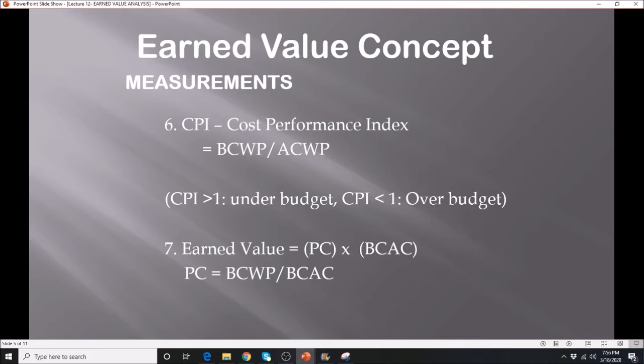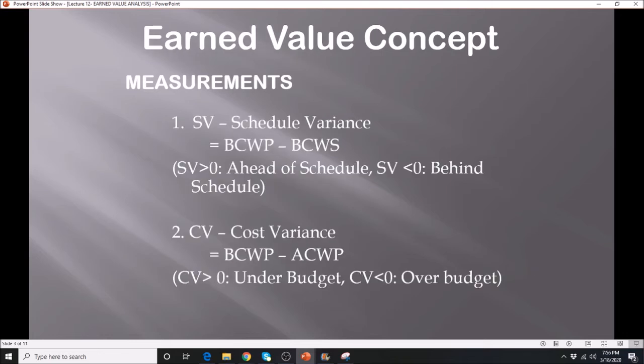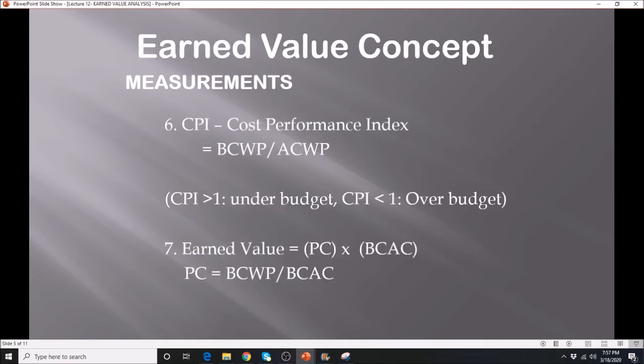Again, these two formulas, the 5 and 6, must be consistent with the status that is calculated on your number 1 and then number 2. So those are supposed to be consistent.